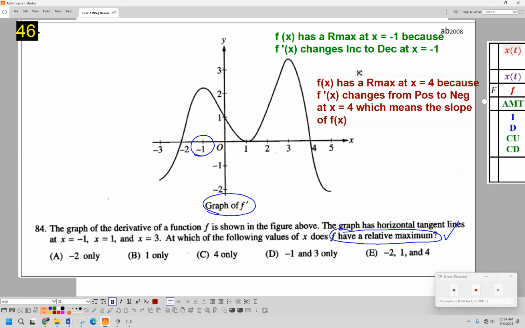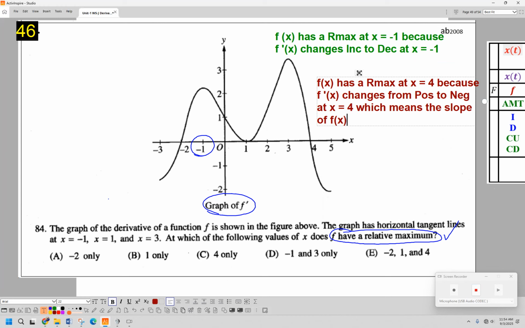The key thing, two more for Kate, that you've got to do is what she did. You're being tested on your ability to know how one thing affects another and how they vary. So Kate is right. The relative max on f will occur at x equal 4. We don't see that on this graph, but we have to interpret the meaning to figure that out.